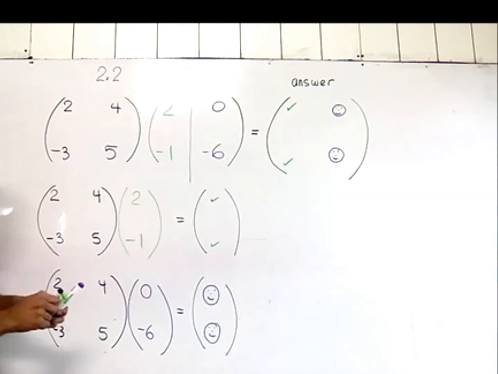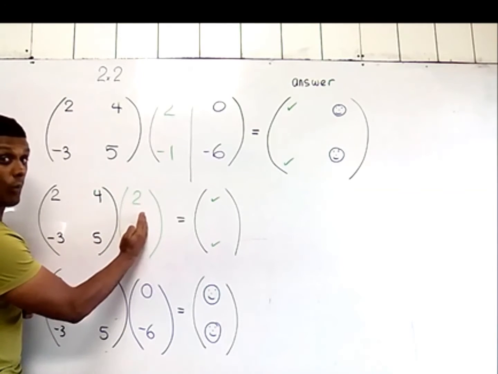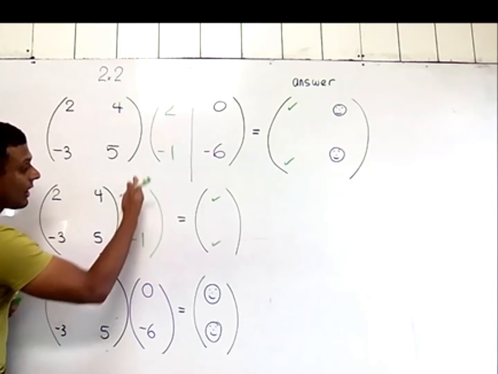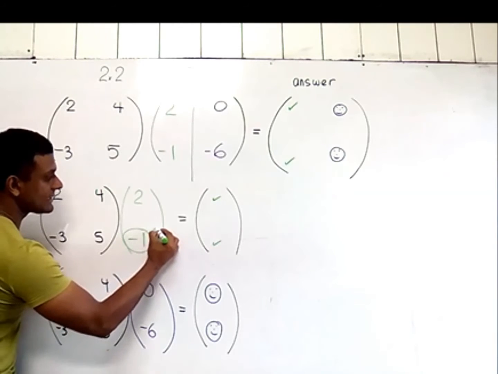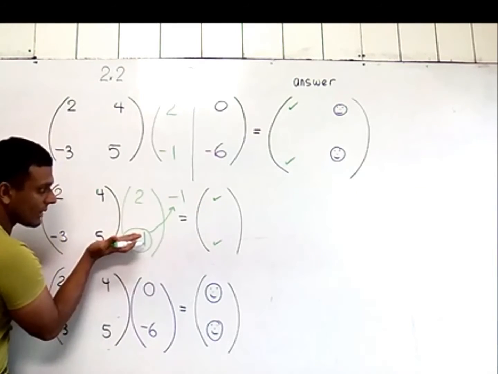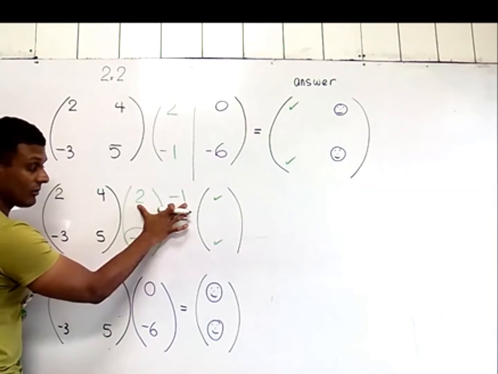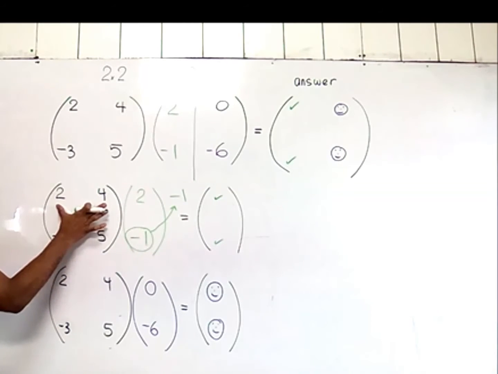Now just a little recap. To multiply a 2 by 2 matrix by a 2 by 1 matrix, you pay attention to the number underneath the small matrix. And remember, this number will swing up to the top. So the minus 1 swings up to the top. And the 2 numbers here, which are on top, you slide across and photocopy underneath here.